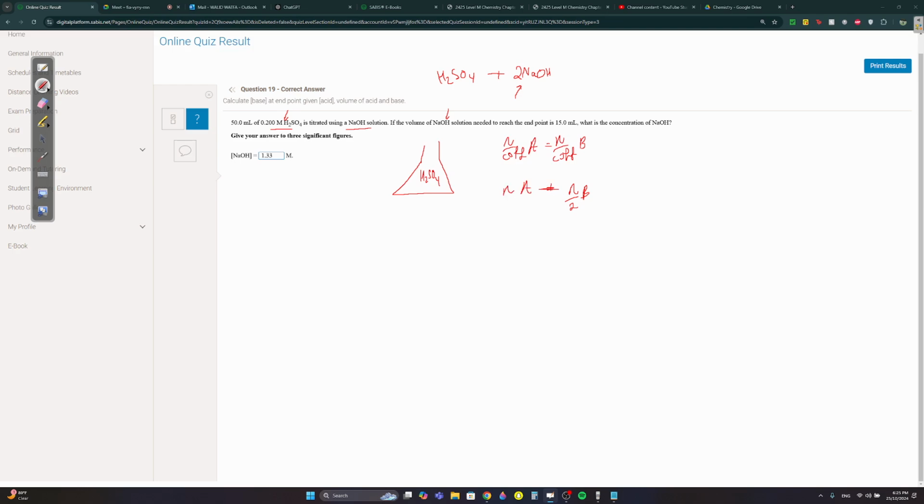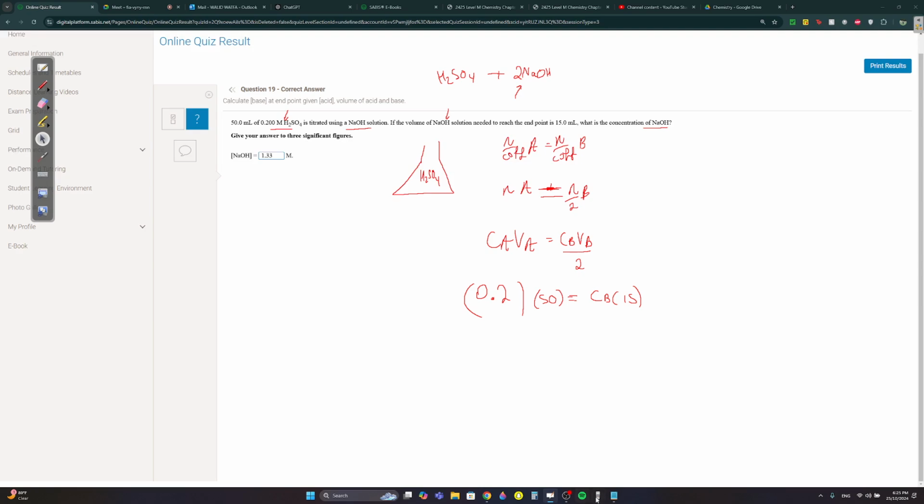Okay, what's the moles of the acid? CaVa is equal to CbVb, but we have to put it over 2. Concentration of acid 0.2, times volume of the acid 50, equal to the concentration of the base, we're trying to find it, right? So keep it as Cb. Volume of base 15.